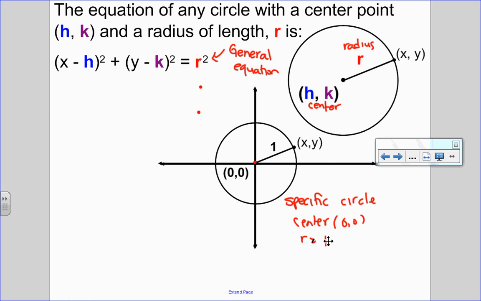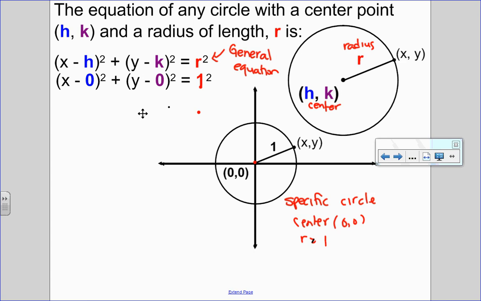I want to come up with the equation of this specific circle. It has a center at (0, 0) and a radius of 1. So I substitute my center point 0, 0 for h and k and my radius 1 for r. I have (x - 0)^2 + (y - 0)^2 = 1^2, and cleaning that up, x take away nothing is just x, y take away nothing is just y, and 1 squared is 1.